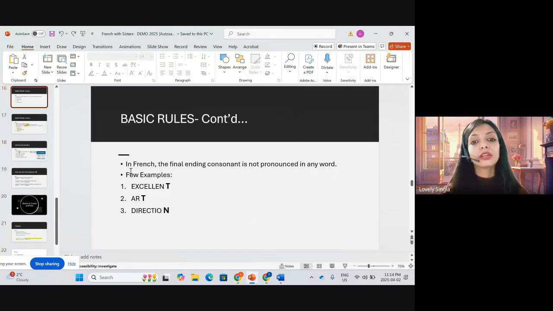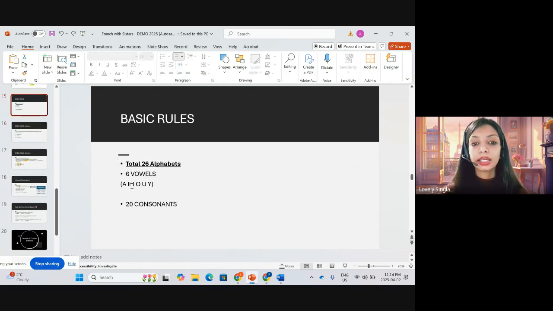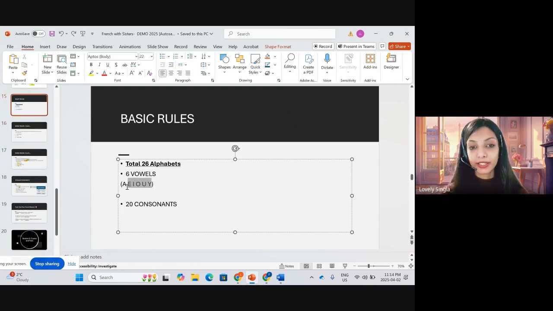In French, the final ending consonant is not going to be pronounced in any word. Wherever you see a consonant at the end of a word, guys, what are consonants? Consonants are basically any alphabets other than A, E, I, O, U, Y, because these are the vowels in French.